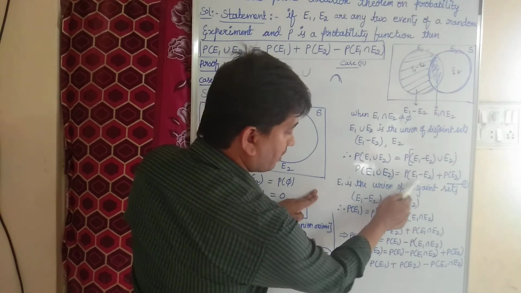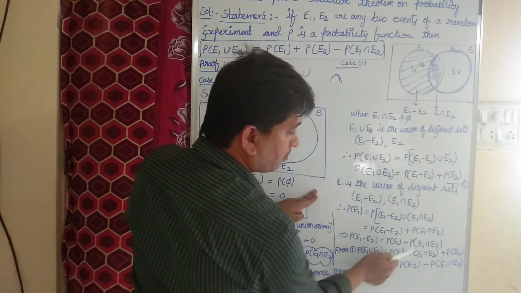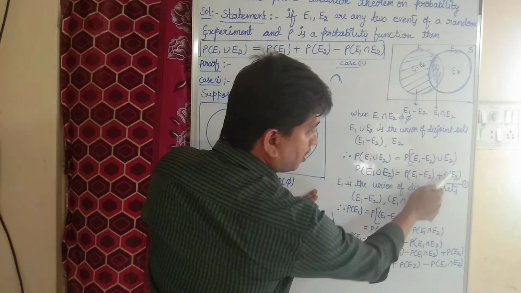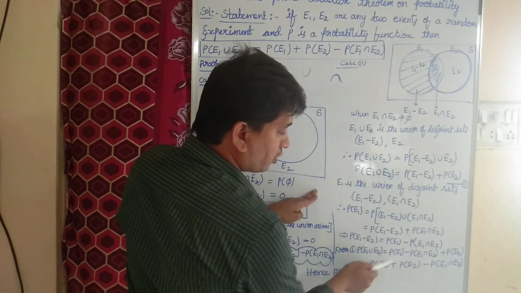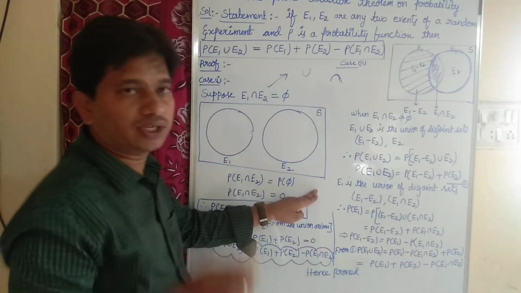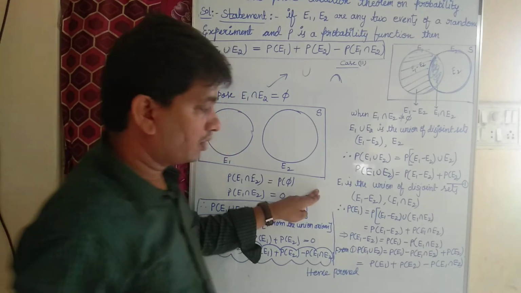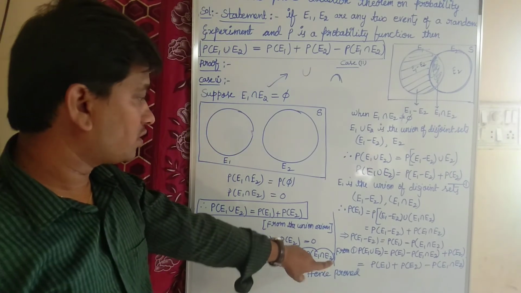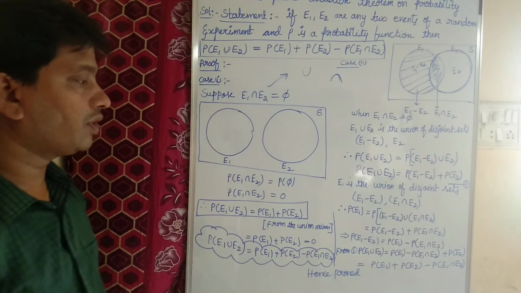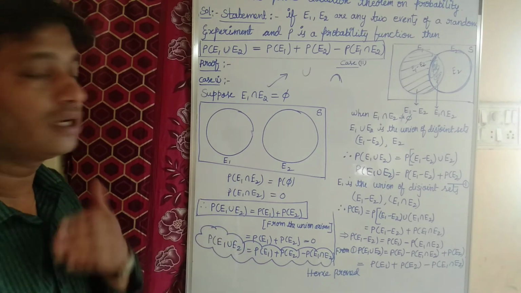So in the place of E1 minus E2, I get P of E1 minus P of E1 intersection E2 plus P of E2. So first I wrote P of E1, then P of E2, minus P of E1 intersection E2. Okay, hence we proved, right? P of E1 union E2 equal to P of E1 plus P of E2 minus P of E1 intersection E2.